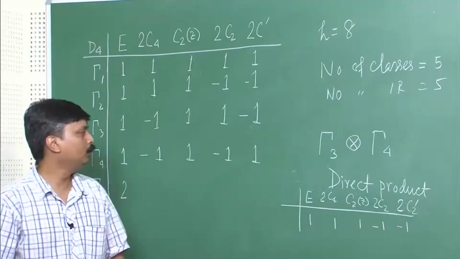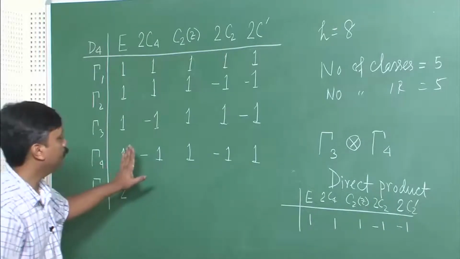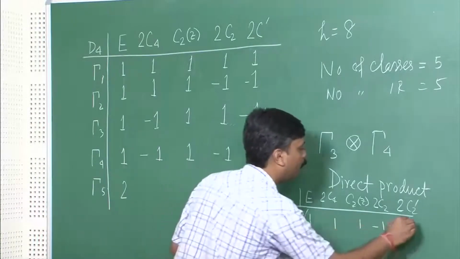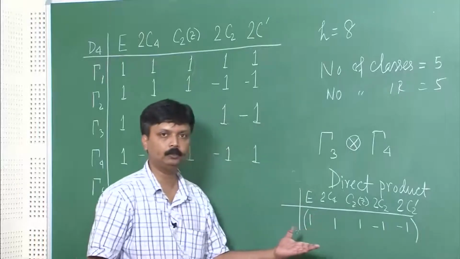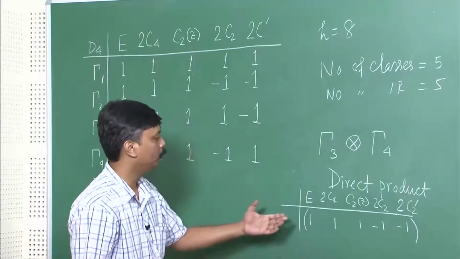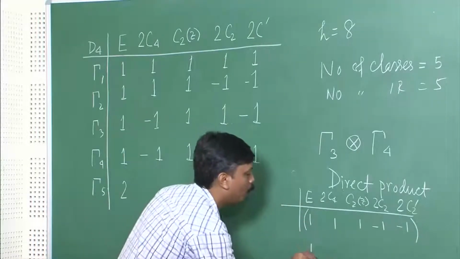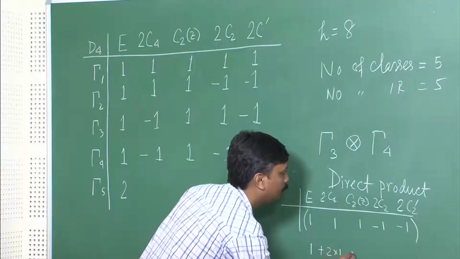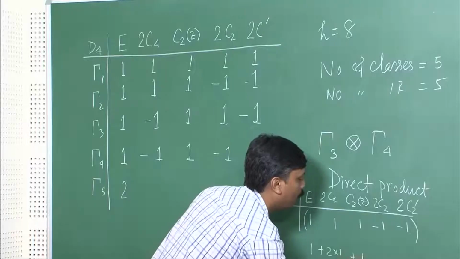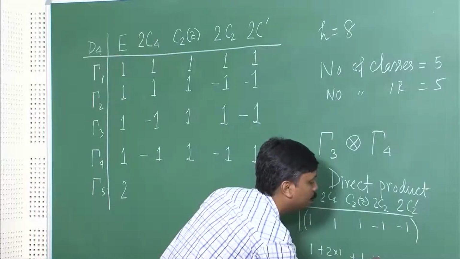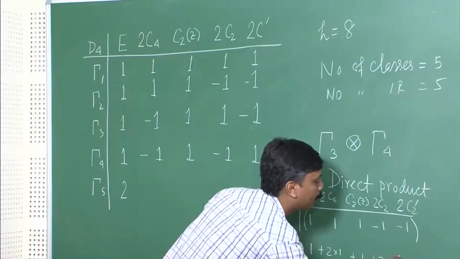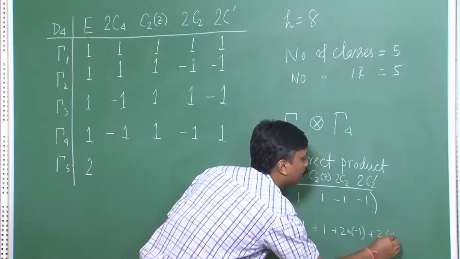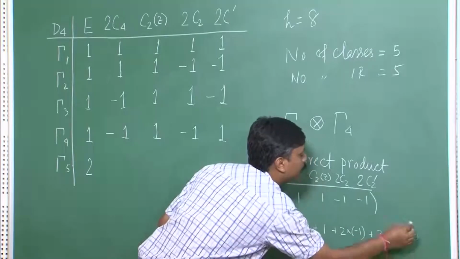Okay. So, if I have a sum of all these quantities at the end, I will have 1 plus 2 into 1 plus 1 plus 2 into minus 1 plus 2 into minus 1, which equals 0.